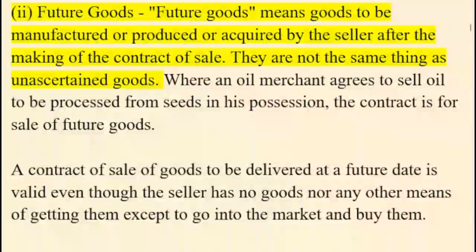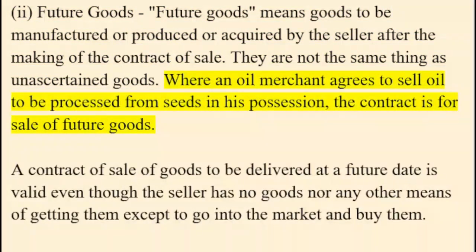II. Future goods. Future goods means goods to be manufactured or produced or acquired by the seller after the making of the contract of sale. They are not the same thing as unascertained goods. Where an oil merchant agrees to sell oil to be processed from seeds in his possession, the contract is for sale of future goods.